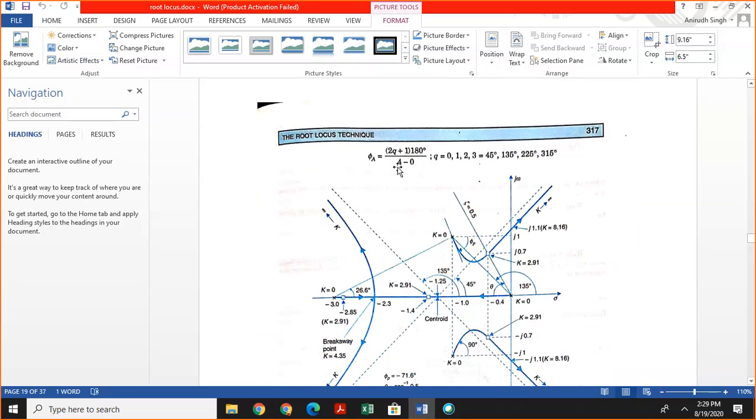For 4 branches, q is 0, 1, 2, 3, and the angles of asymptote are 45, 135, 225, and 315.